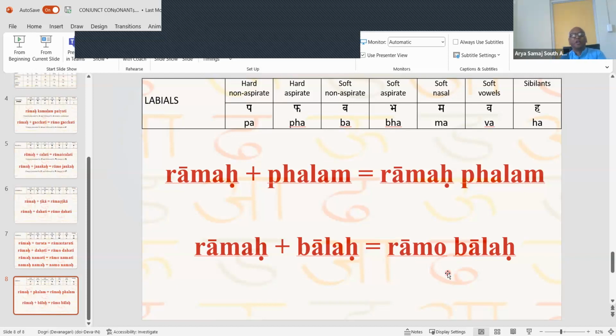Again, like we did last week, just as the nasal will change according to the consonant that follows it, similarly the sibilant will change according to the consonant that follows it.